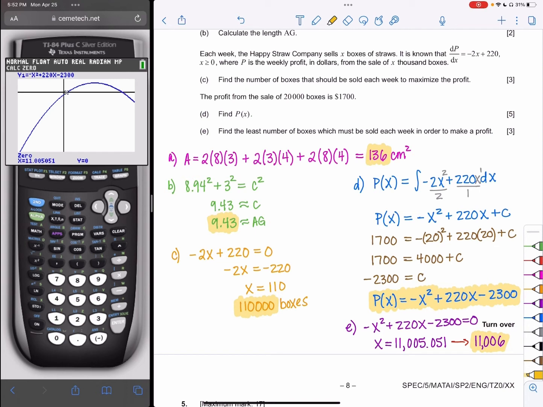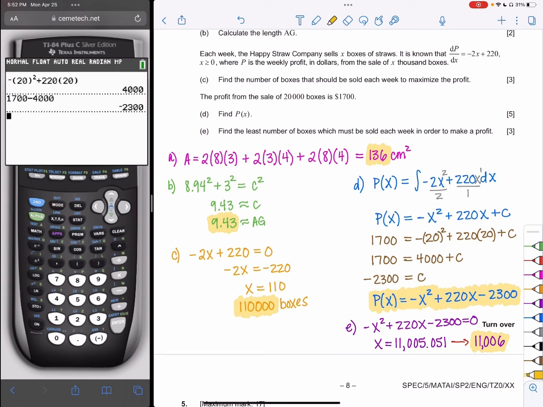All right. And I know that that is true because if I go in and I substitute that value of X in, I will end up getting a profit. So if I wanted to check it, I could say negative, and then in parentheses, I would have 11.006 squared. Remember, when we put it into the function, we don't actually put it in thousands.